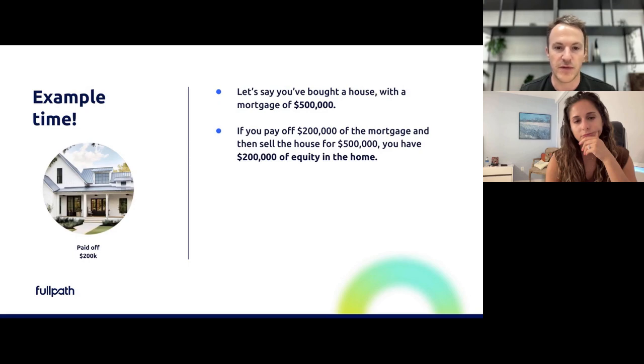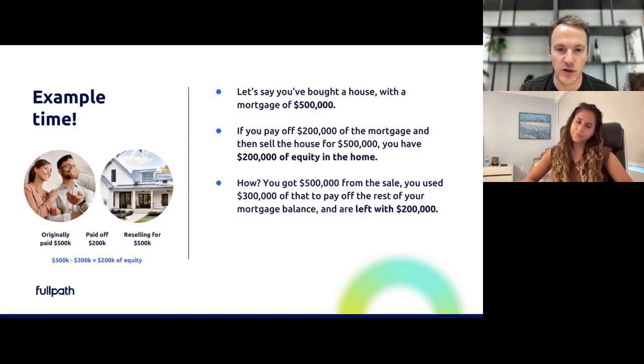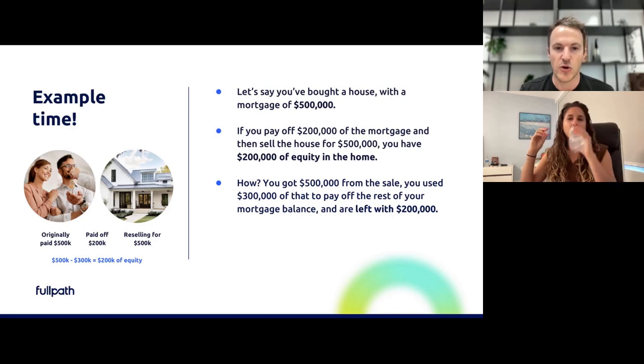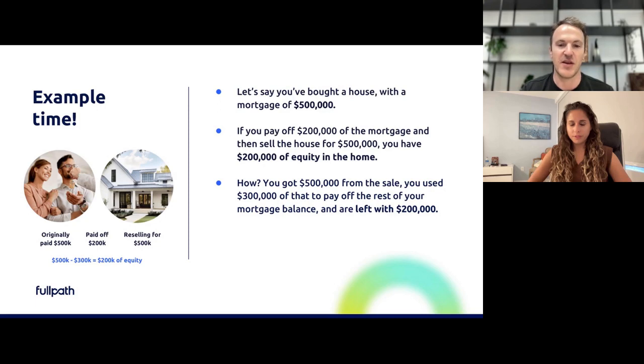You have, at this point, $200,000 worth of equity. How does that work? Well, you got $500,000 from the sale and you need to pay off your mortgage. So what you have left on your mortgage is $300,000. But then you're left with $200,000 in your bank account. That is equity.